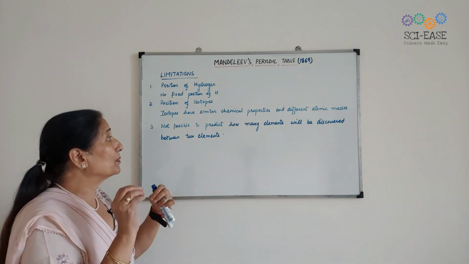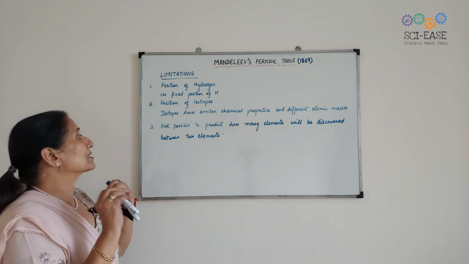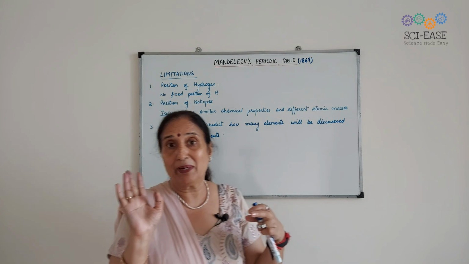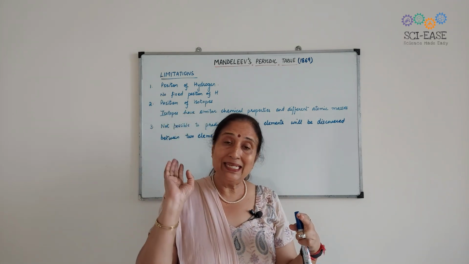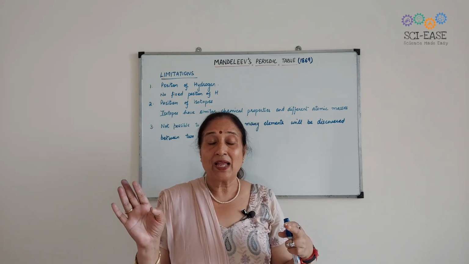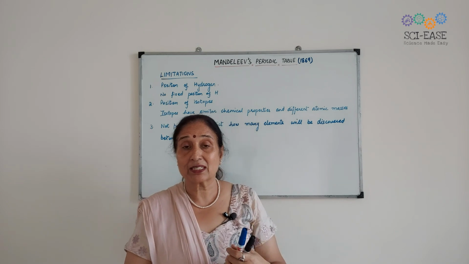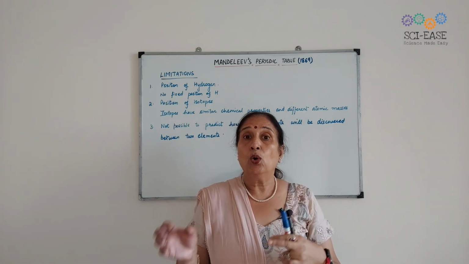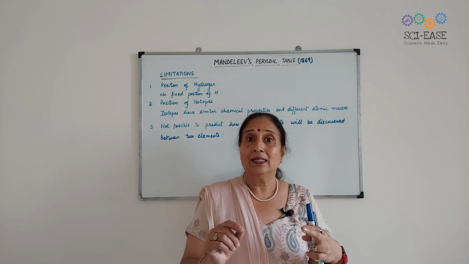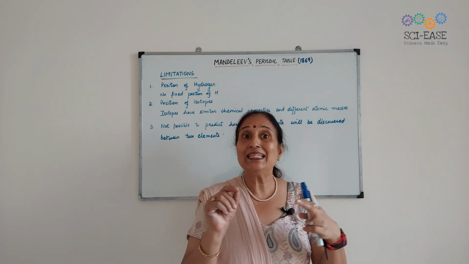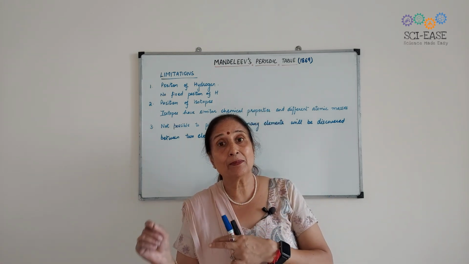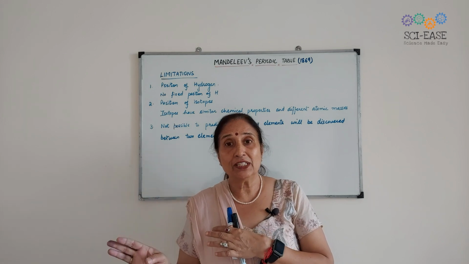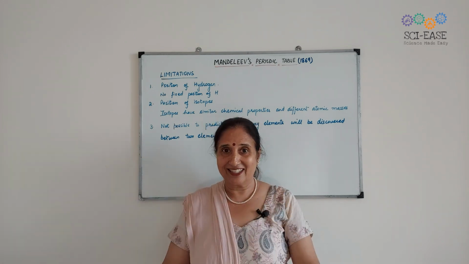So these are the limitations and some of the achievements I've discussed of Mendeleev's periodic table, who considered that the properties of the elements are the periodic function of their atomic masses.